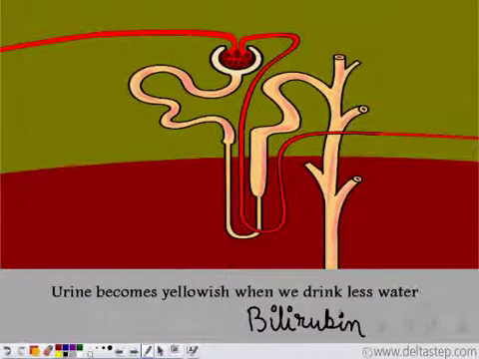Now, when we drink less water, water tries to get reabsorbed as much as possible from the nephron so that the body gets sufficient amount of water.